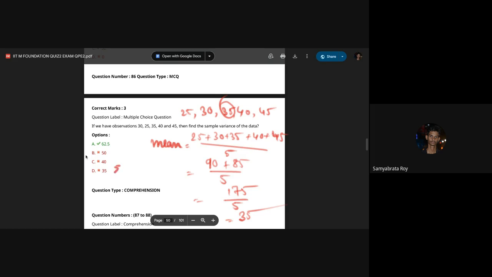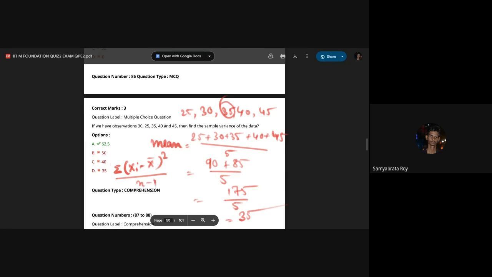The formula of sample variance is xi minus x bar, sum of xi minus x bar square by n minus 1, right?